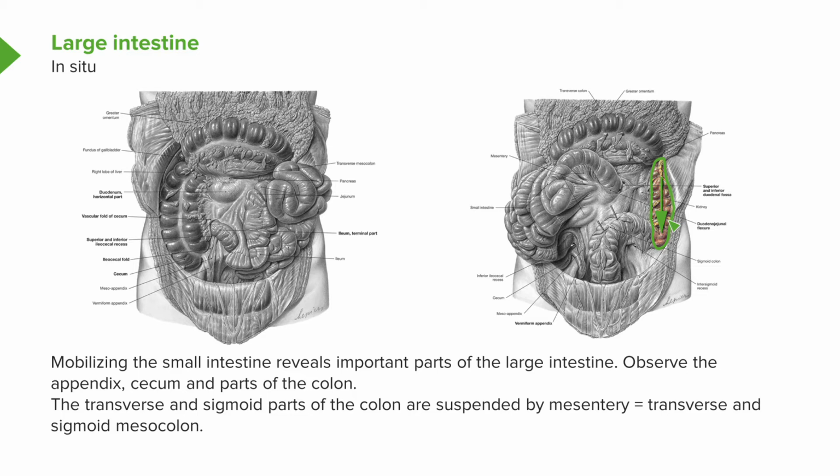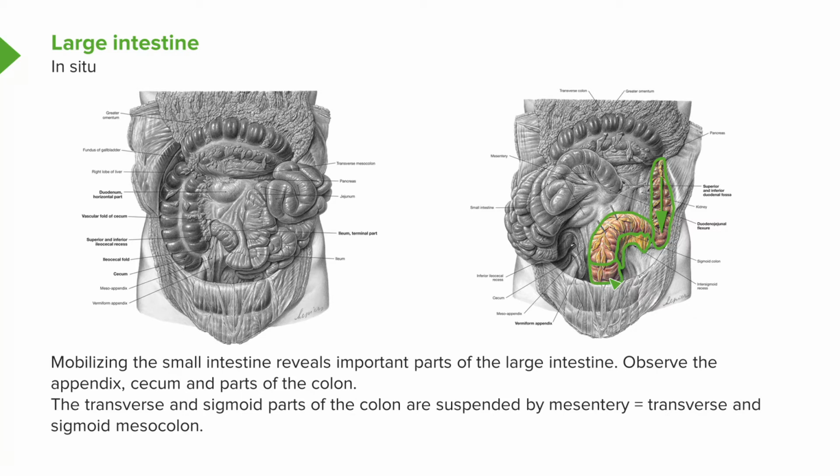Like the small intestine, this piece of colon also has a mesentery, and here we can see we have the sigmoid colon. Just here, we have what's known as the sigmoid mesocolon. I'll explore these mesocolons and mesentery in more detail later on, but we can see the sigmoid colon here has a mesentery. It's then continuous with the rectum.